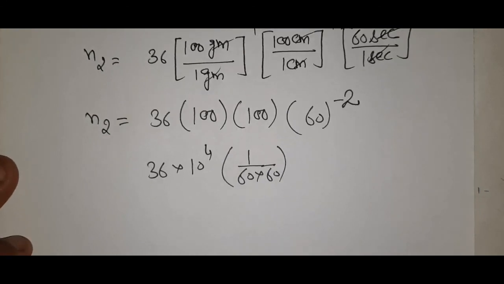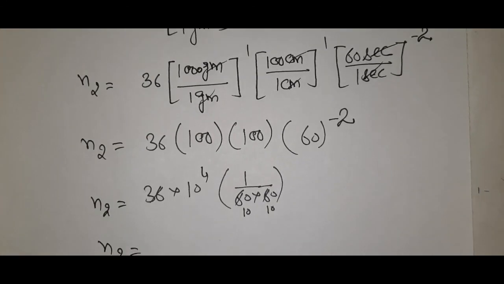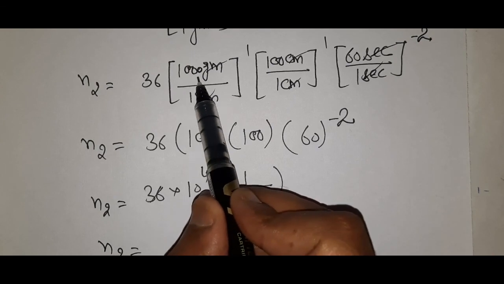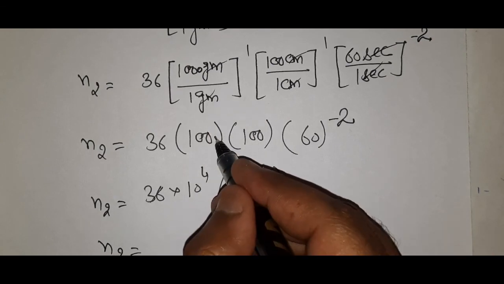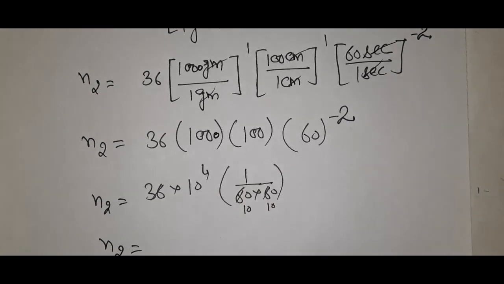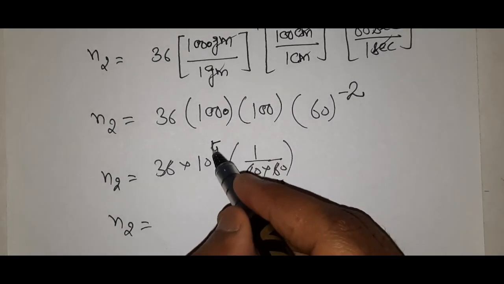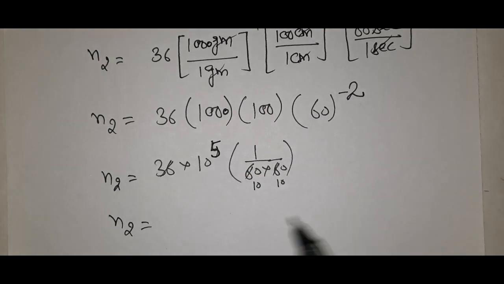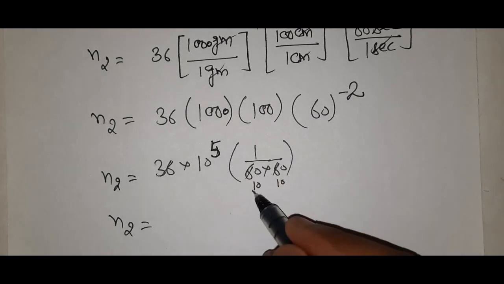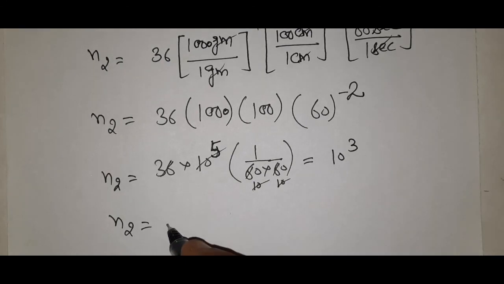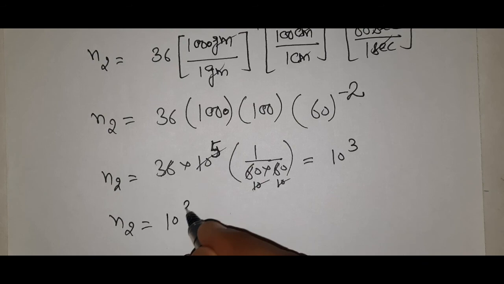Solving this all, by mistake we have written 100 here, so this is 1000 basically. As this is 1000, this will also be 1000, and this will not be 10 to the power 4, this will be 10 to the power 5. And when cancelling all, we will be getting 10 to the power 3. N2 is equal to 10 to the power 3.